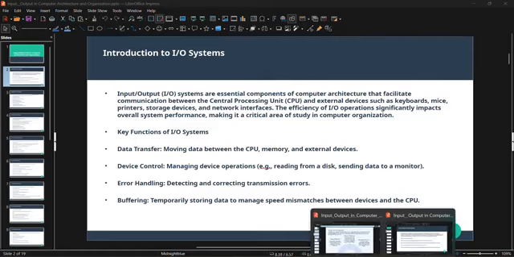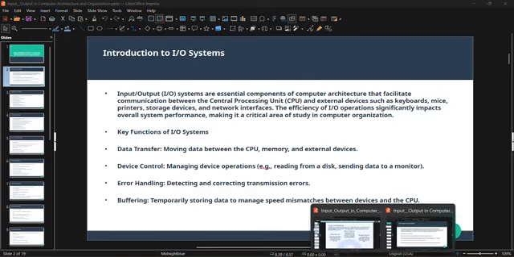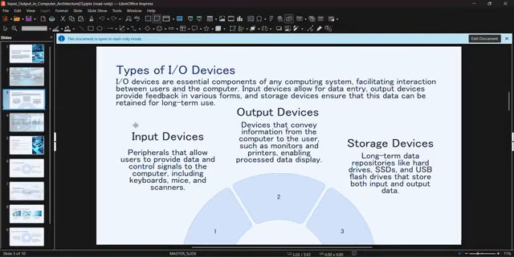Now let's go ahead and look at the types of input output devices. Since you are talking about the system, you need to know what the corresponding devices are. So we have input devices, output devices, and storage devices. Input devices are peripherals that allow users to provide data and control signals, for example, the keyboard and the mice.